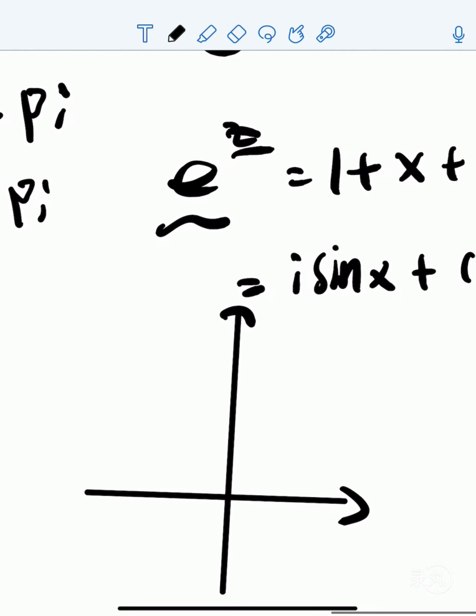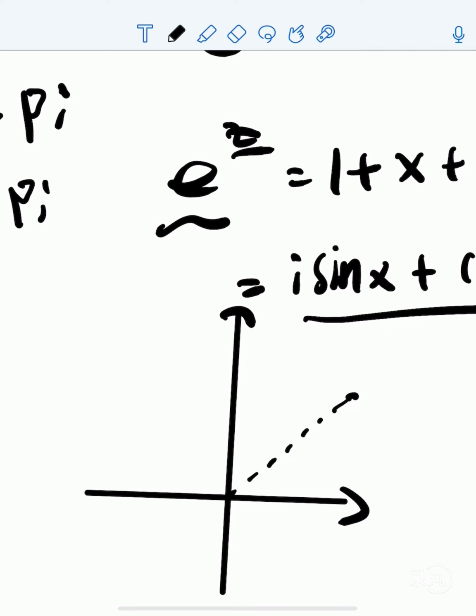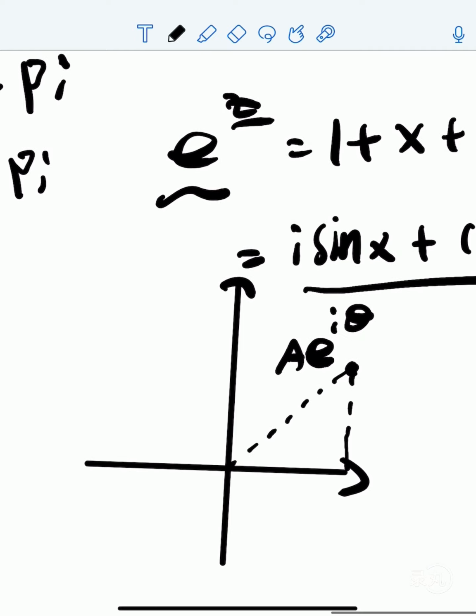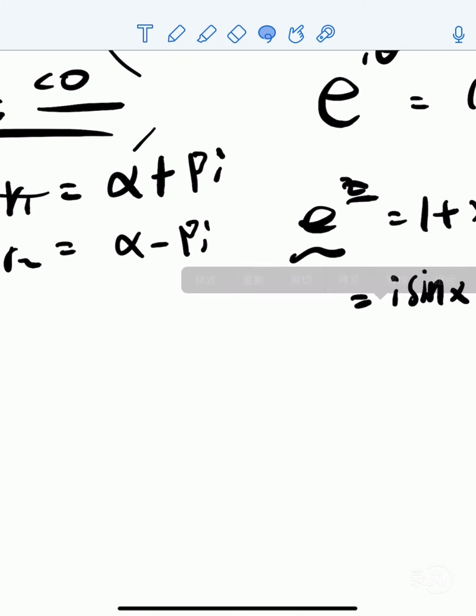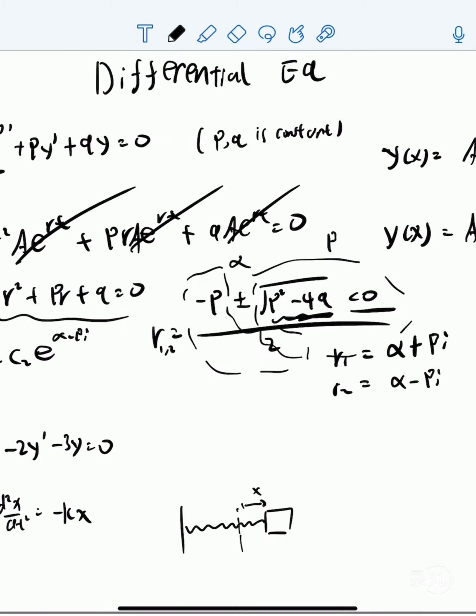There's a really useful application for this one. If we get a form like this, we can just draw it in the complex plane with a radius like this, and we can describe this point like this. We'll talk about it in maybe two months.